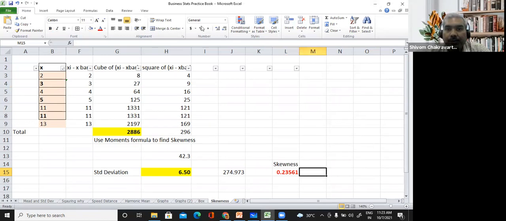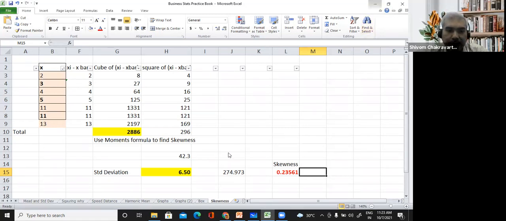So we realize that there will be a difference when we use a different formula. The values we get will be slightly different, but we can still compare if we use the same formula for all the data sets we are considering. So this is all about skewness.